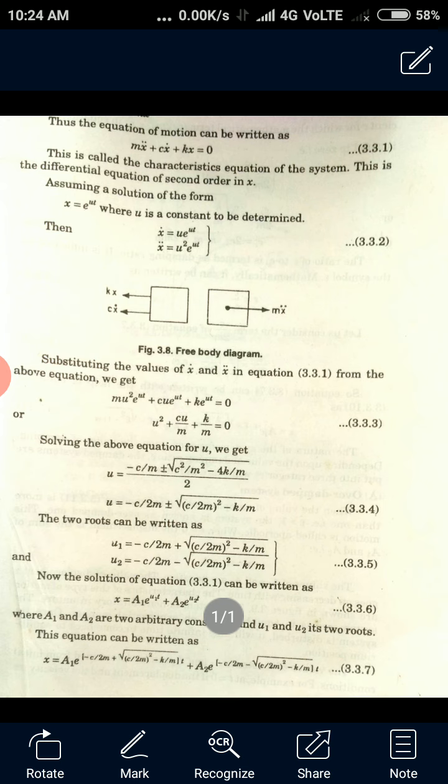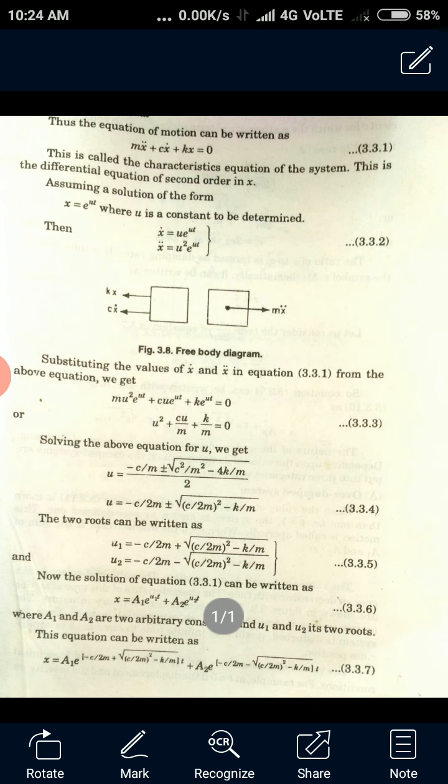x equals a1 e raised to (−epsilon omega plus the square root of epsilon² omega² minus k/m, which is minus omega squared) t, plus a2 e raised to (−epsilon omega minus the square root of epsilon² omega² minus omega squared) t.